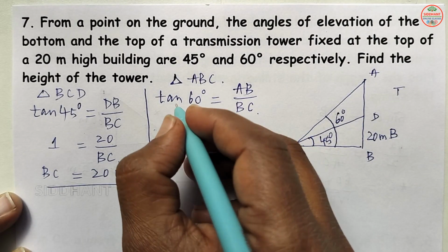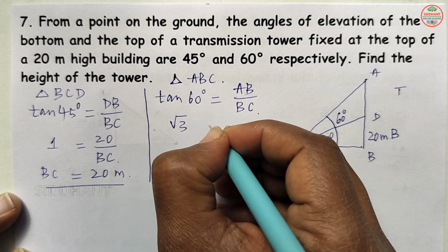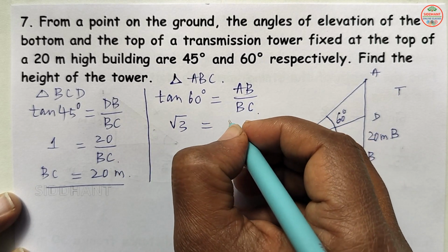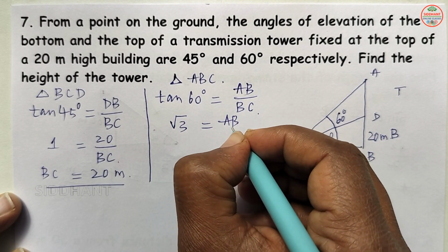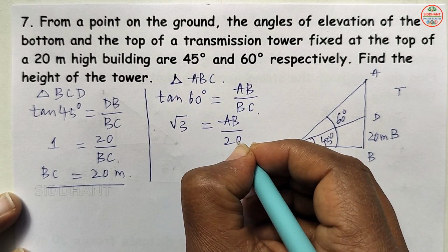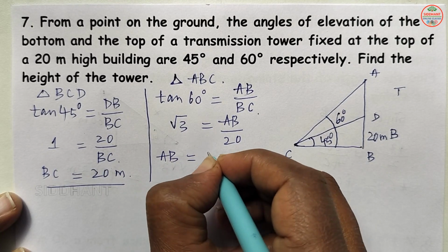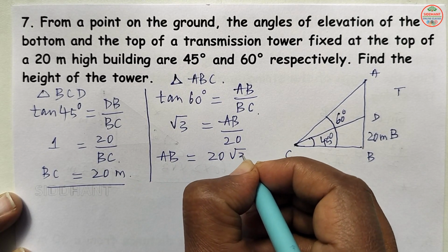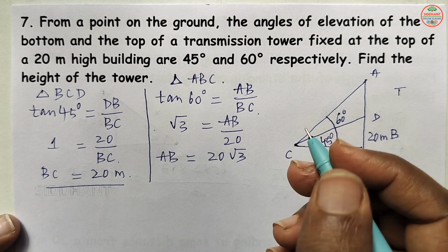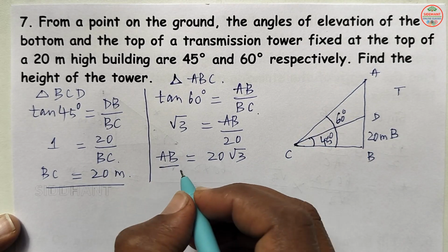Tan 60 is root 3. AB we are going to find out, and BC we got, which is 20 meters. So AB equals 20 into root 3. Now we got AB and BC.